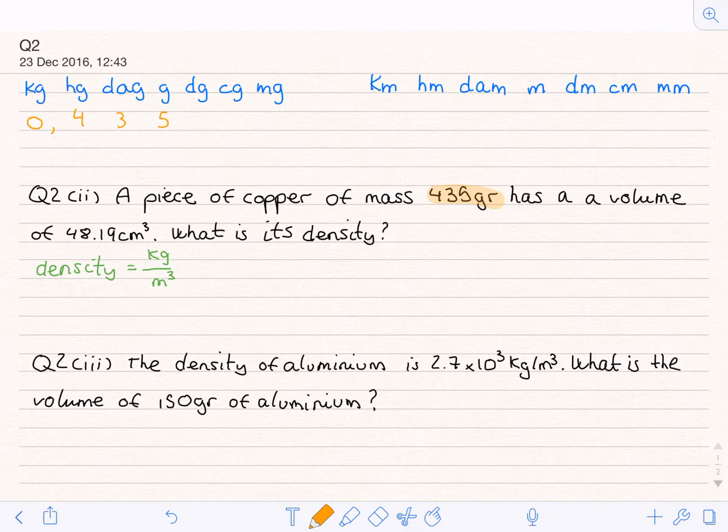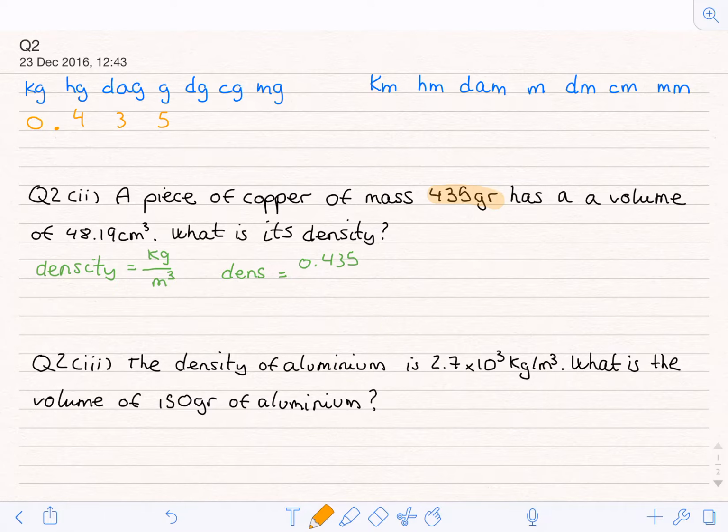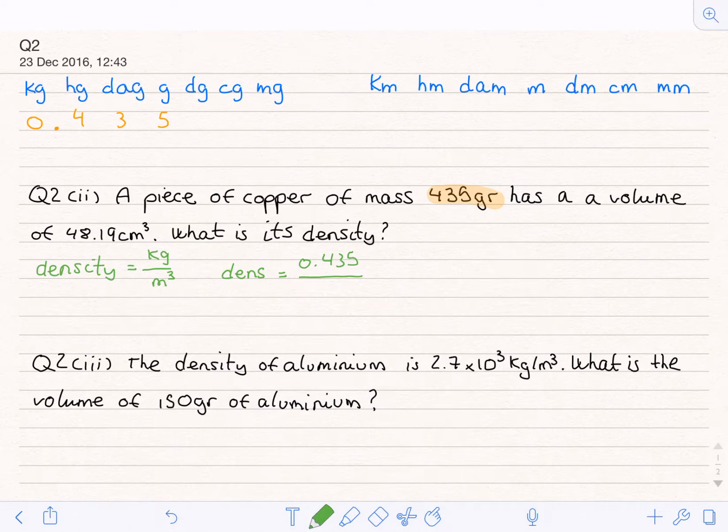That's an easy way to transform it. So we can say that the density is equal to 0.435, I know I put a comma here, I'm just used to putting commas instead of dots, divided by meters cube. How do we transform meters cube?